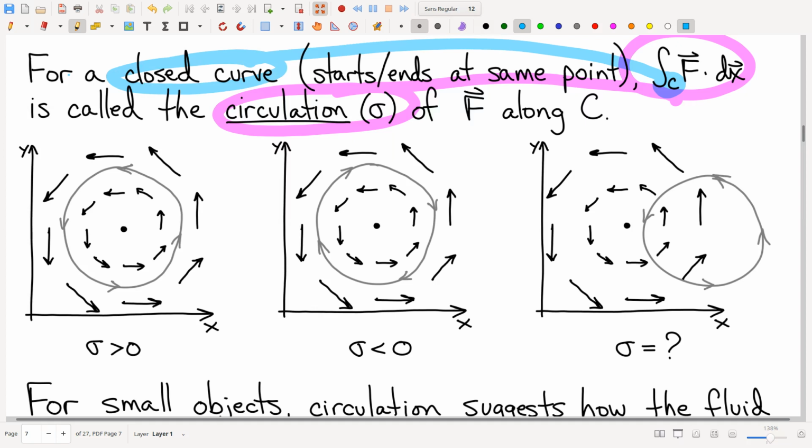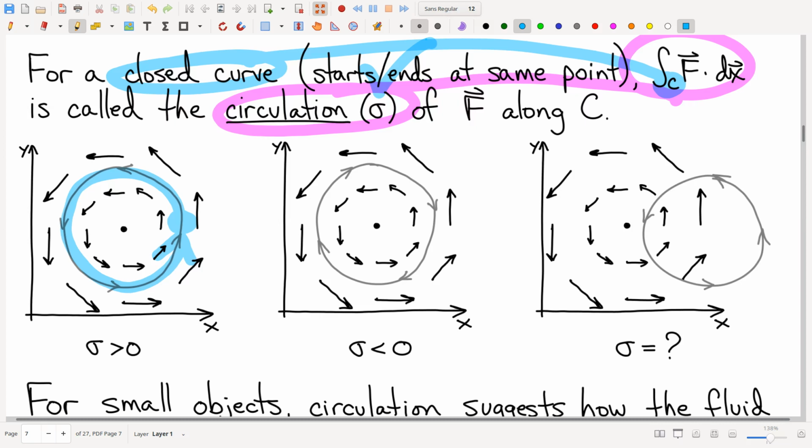So you can compute a vector line integral over any curve, but in the special case where you're talking about a closed curve, such as this one here that starts, let's say, at that point and then goes around and ends exactly at the same point, when you're talking about circulation around that closed curve, we call it circulation. I think I actually said it before I should have. Anyway, so line integral, closed curve, circulation. Okay, that's just a little bit of terminology.